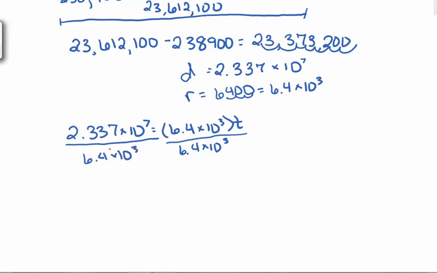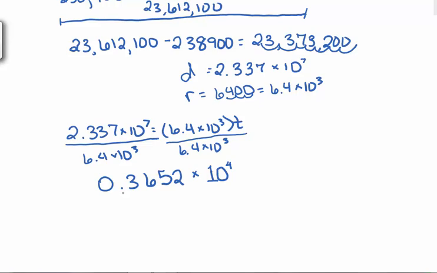So since we're dealing with scientific notation here, we're going to start with dealing with just the numbers. 2.337 divided by 6.4. That gives us 0.3652. We then are going to deal with our exponents. Anytime you're dividing, we subtract exponents. 7 minus 3 is 4.